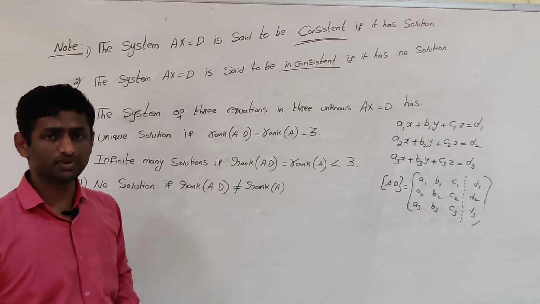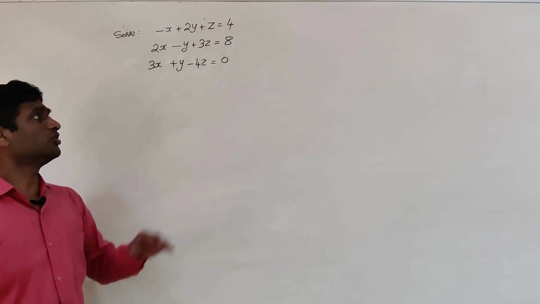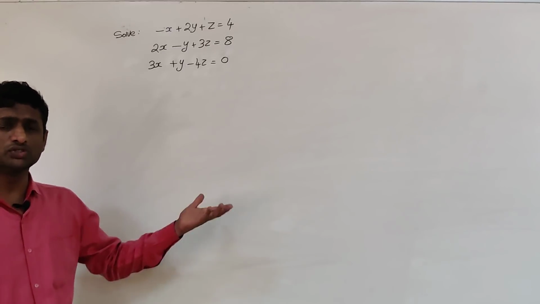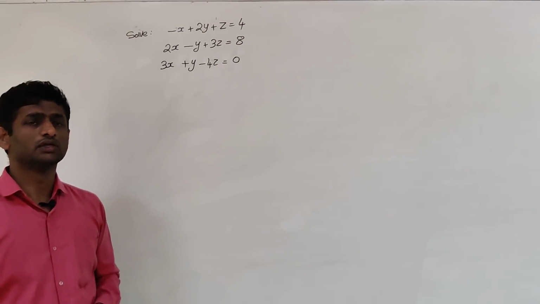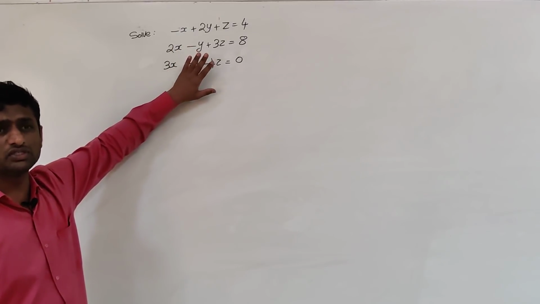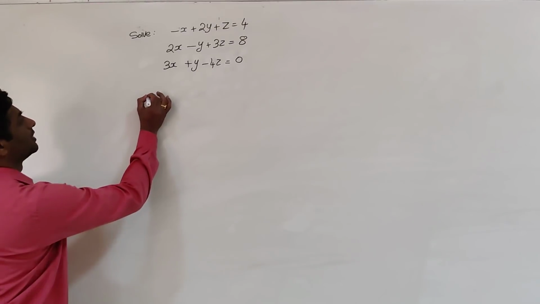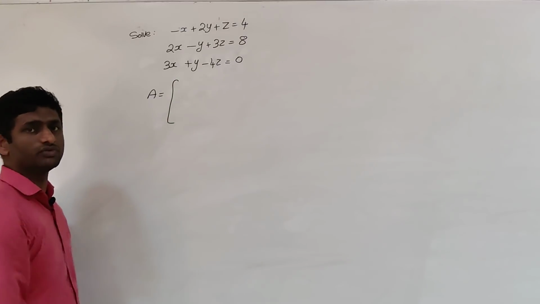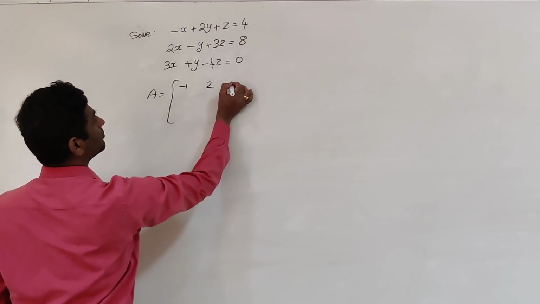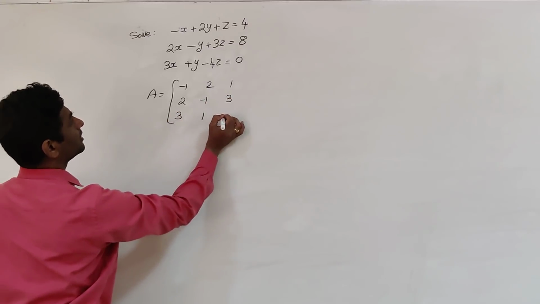So we'll see one example. Now we will see a system of non-homogeneous equations, and we have to find out whether it has a solution or no solution. So this system is a system of how many equations? 3 equations. In how many variables? 3 variables. Now this can be written in the matrix equation. So capital A is the coefficient matrix: the coefficients of x, y, z, minus 1, 2, 1; next row 2, minus 1, 3; 3, 1, minus 4.